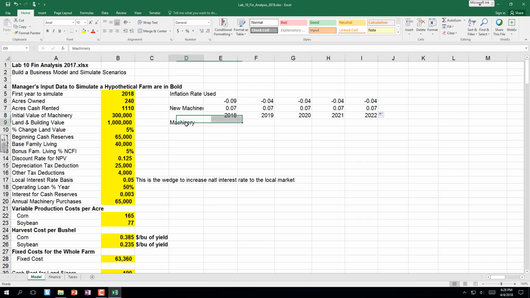So this is my machinery that I had on the farm. I started with $300,000. B8 times references 1 plus the minus 9%. So it went down about $27,000 that year.